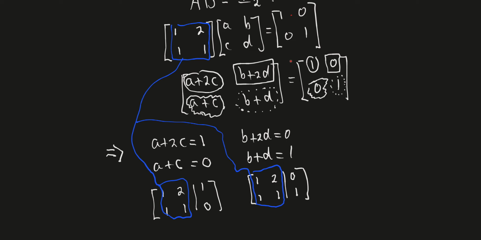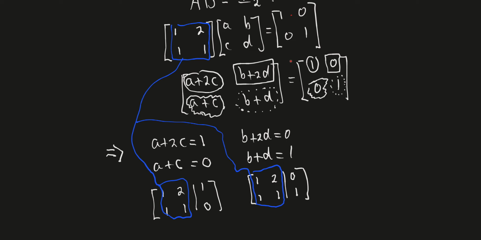Because it's almost like I could reduce both of these systems simultaneously, right? So this is not really a formal name, but it's almost like you're doing a double augmentation, where you're augmenting the same coefficients on the left with different b's. So you could think of this almost now like as a b1 and a b2. If the coefficients of your system are the same, there's no point in you doing the exact same row operations on this one and then doing it again on this one.